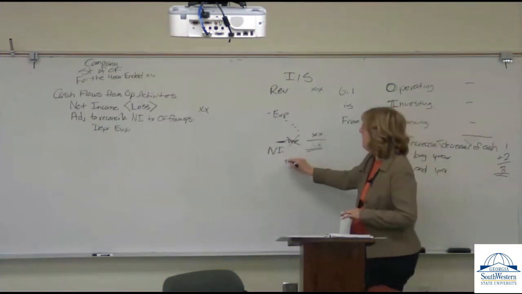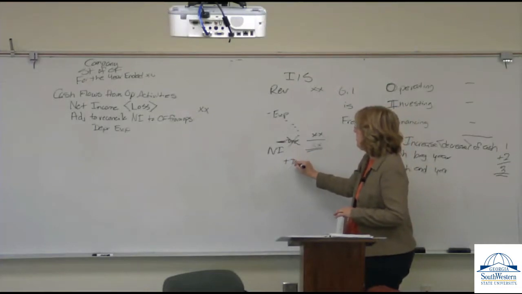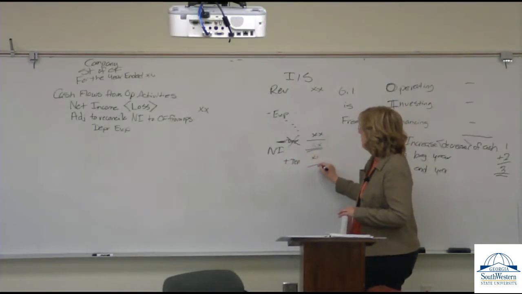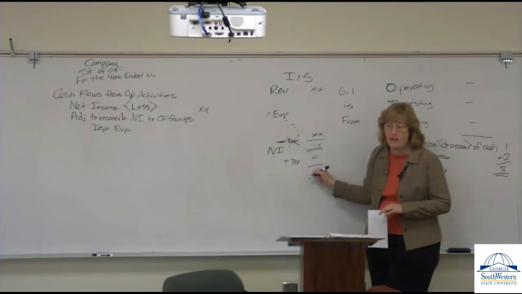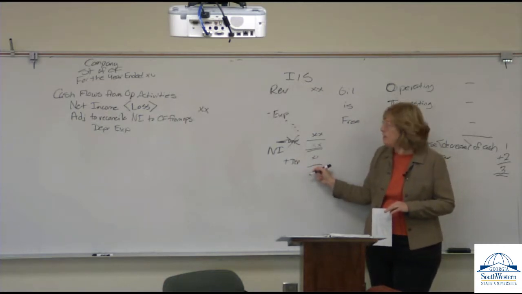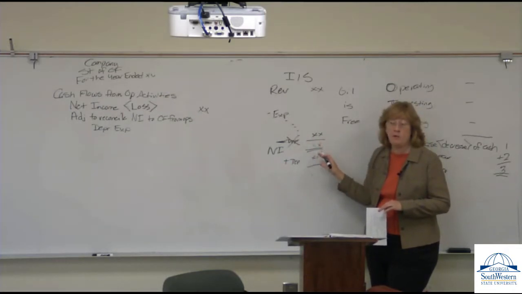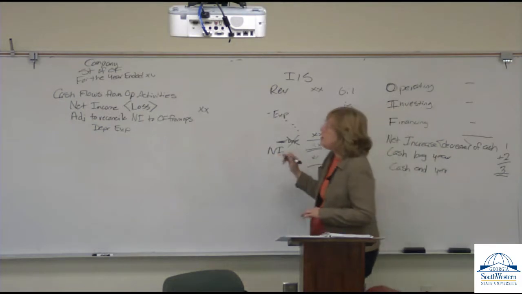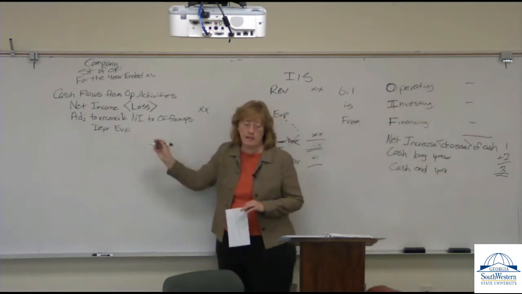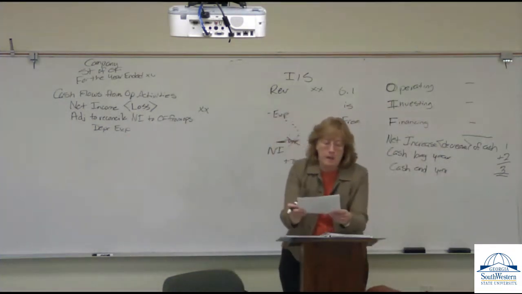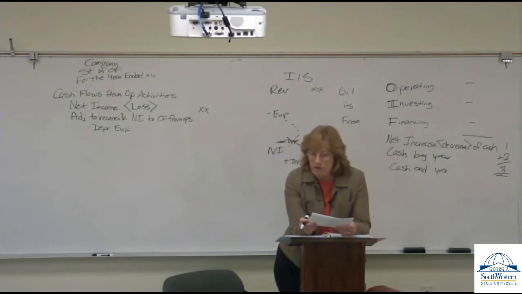We're going to say net income plus depreciation is going to give us this other number. So do you see why we're adding it? It was subtracted, so we add it back so that now this net income number is going to be bigger. So we're going to add depreciation expense, and I'm going to leave that as a positive number.